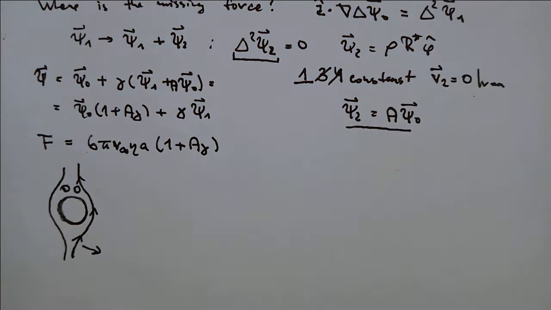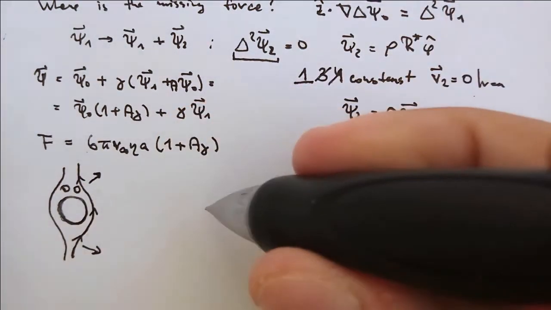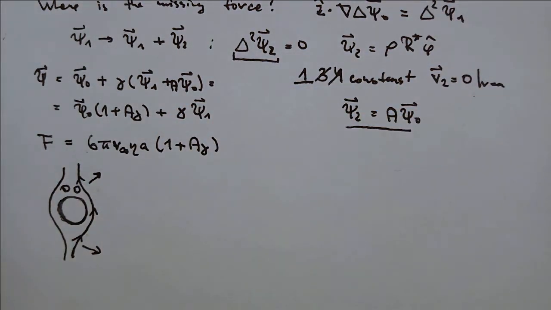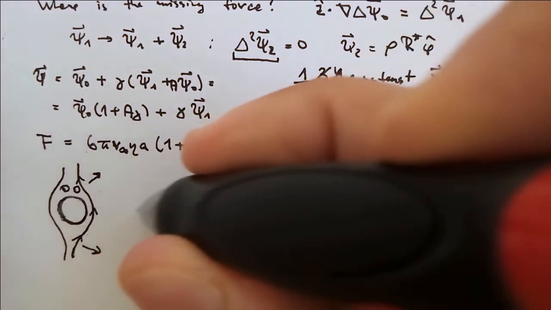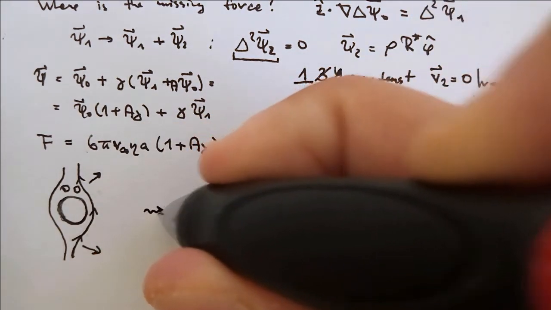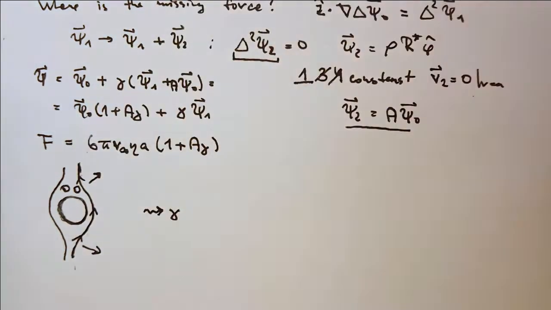There it changes its momentum, and there it also changes its momentum. So in this direction, the overall change in momentum will cause the fluid far away on the equator to be proportional to gamma.